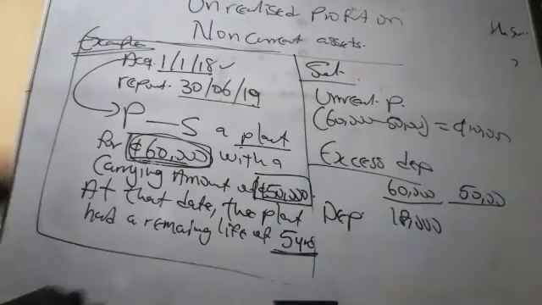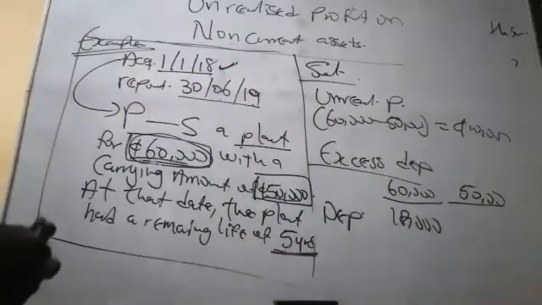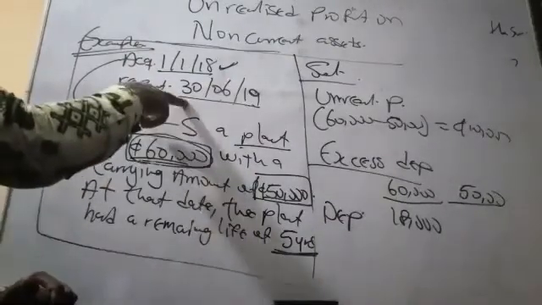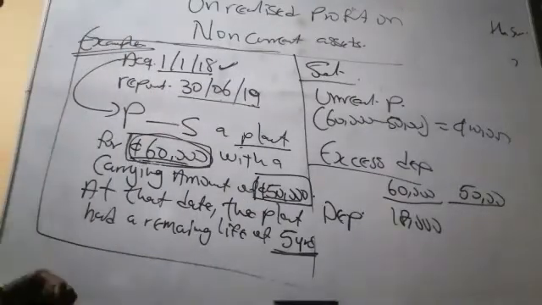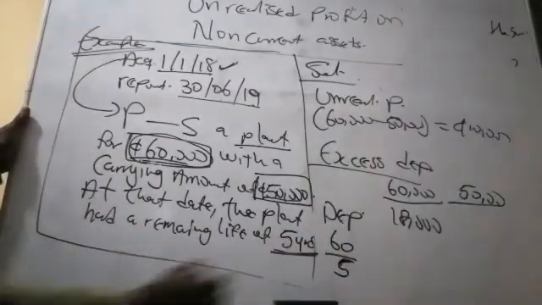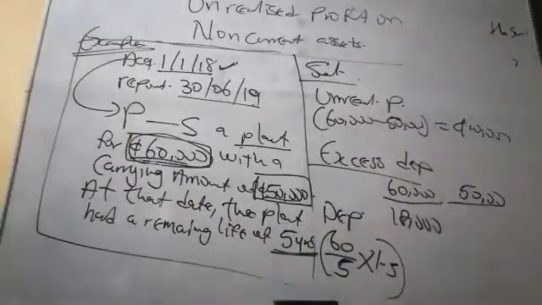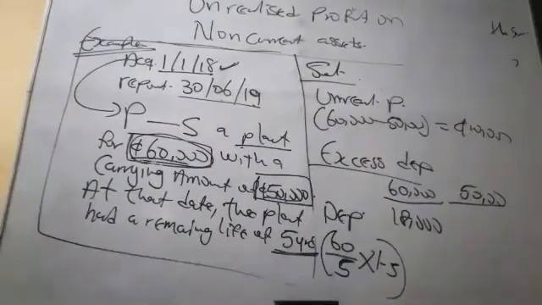Why? Because the subsidiary was acquired, acquisition date 1st January 2018, reporting period 30th June 2019. So 1 year, 6 months. Therefore, 1 year depreciation will be 60,000 divided by 5. That's 1 year depreciation times 1.5 years, and that will give us the cumulative figure. Please, the balance sheet takes the cumulative figure and the P&L takes the figure for the year. It's a consumption for the year.